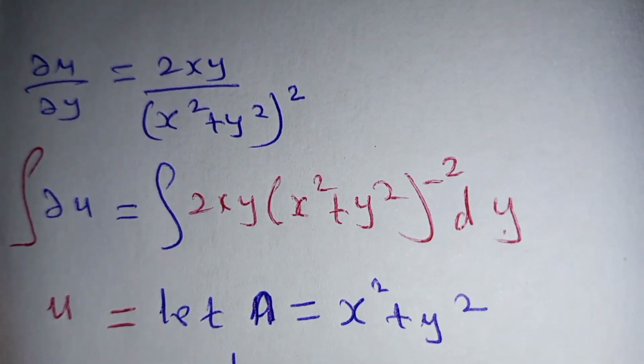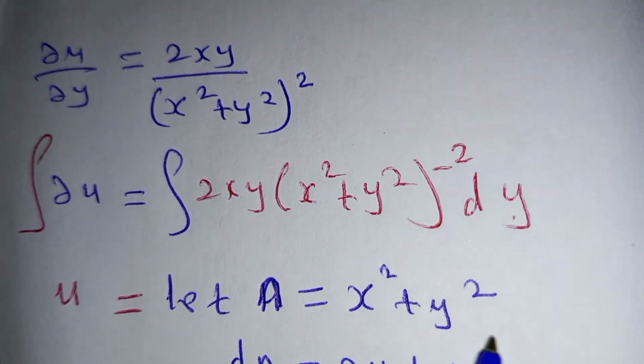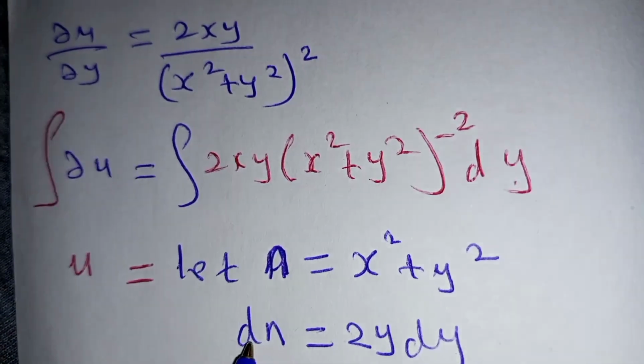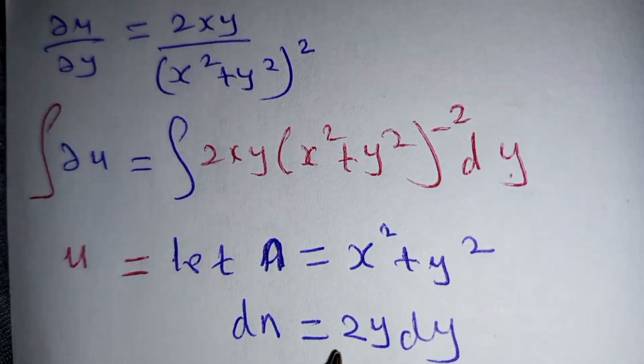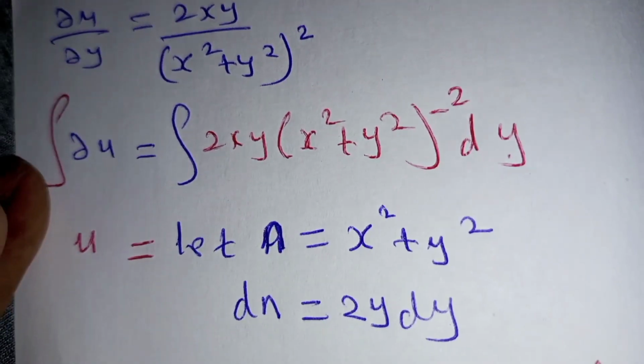Then to integrate the right hand side, we let x squared plus y squared be n, so that the derivative of n will be equal to 2y dy.